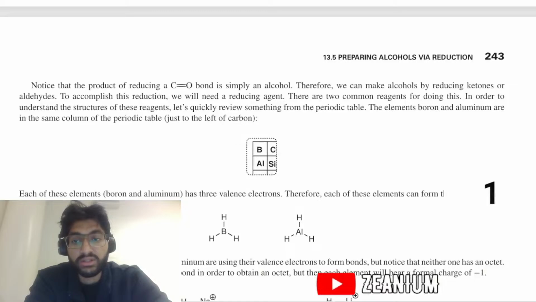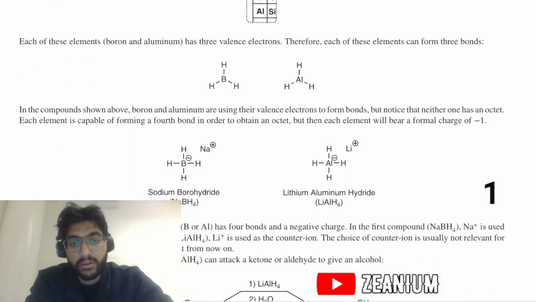In order to understand the structure of these reagents, let's quickly review something from the periodic table. The elements boron and aluminum are in the same column of the periodic table. Each of these elements, boron and aluminum, has 3 valence electrons. Therefore, each of these elements can form 3 bonds.